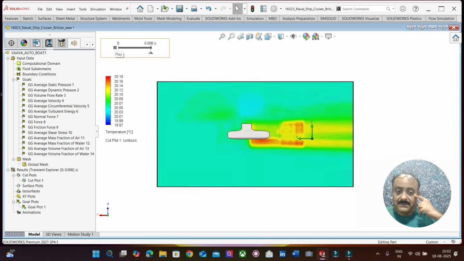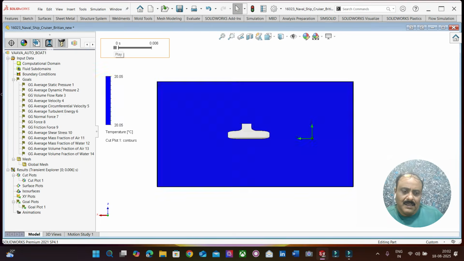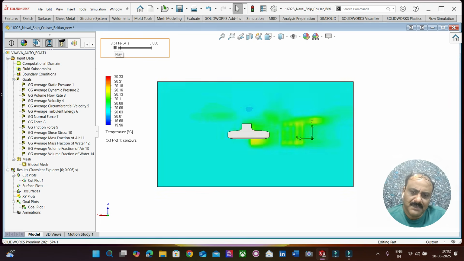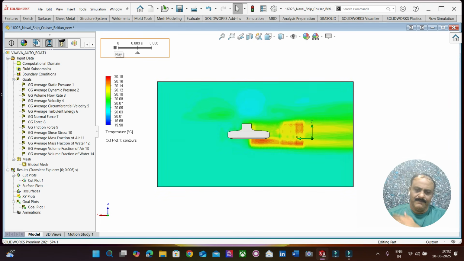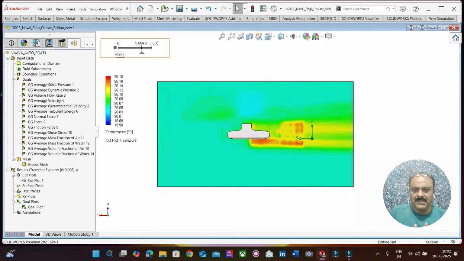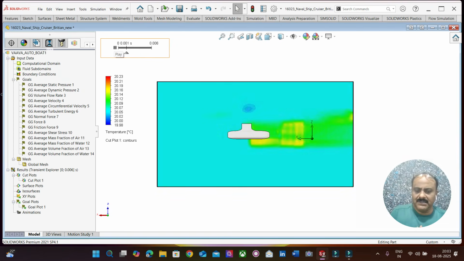Maybe there is going to be some cafeteria inside, with some cooking ranges. There are going to be some temperatures generated from that, and some heat generated from the cockpit. So within the submarine, there will be a lot of electronic control units and weapons and warhead units, etc.